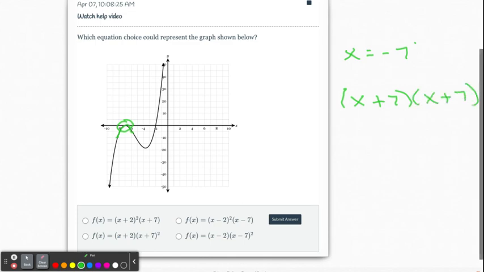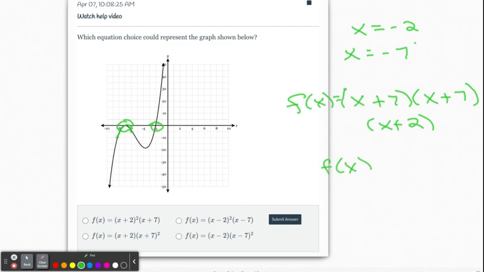And now we also have a root at x equals -2, so we have another factor of x plus 2. So I could write out my function like this, or because there's two matching factors, I could say x plus 7 squared, running out of room, sorry, times x plus 2. So that would be this one right here.